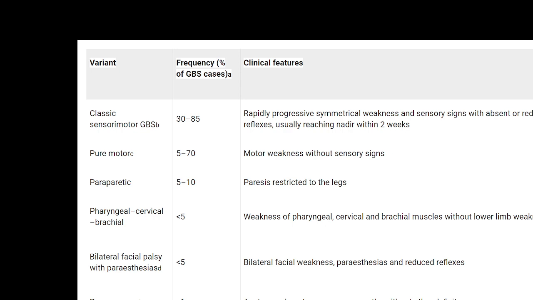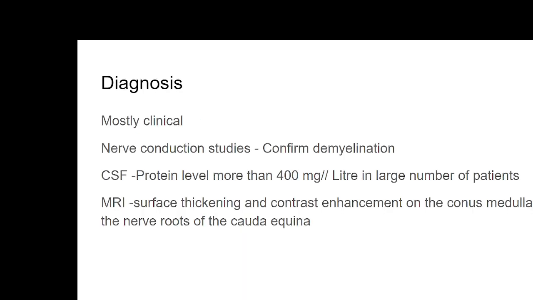So our most common clinical focus would be on sensory-motor and pure motor pathology. As I told you earlier, diagnosis is mostly clinical. Nerve conduction studies do not confirm it; they confirm only the demyelination, but whether the demyelination is due to systemic sclerosis or Guillain-Barré syndrome cannot be made out exactly from nerve conduction studies, and the picture has to be correlated with the clinical presentation before you make the diagnosis.